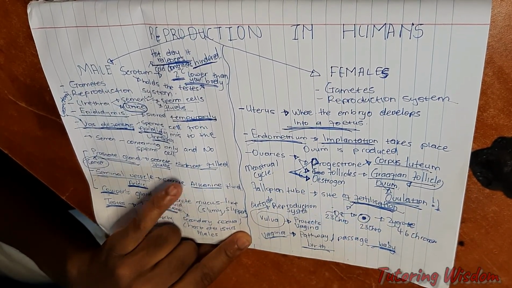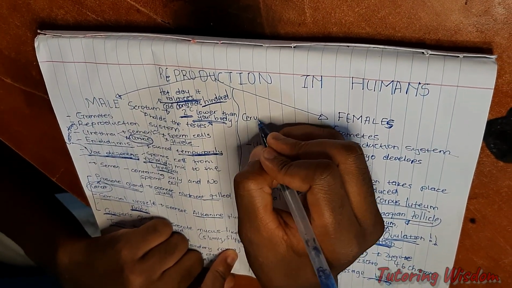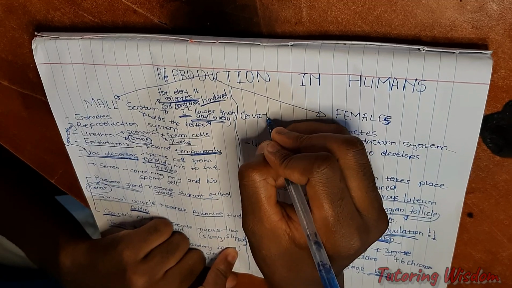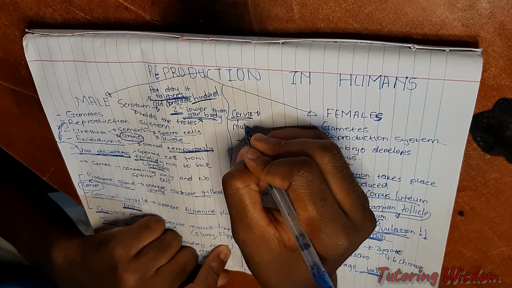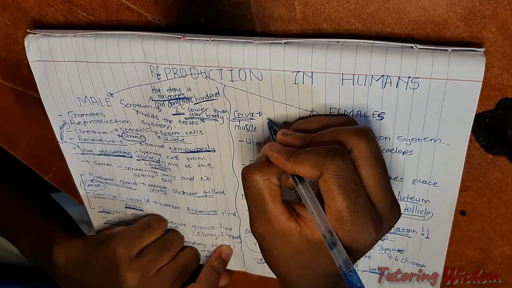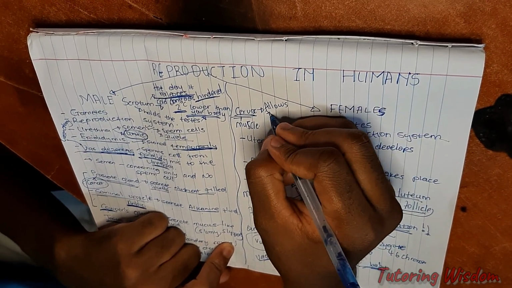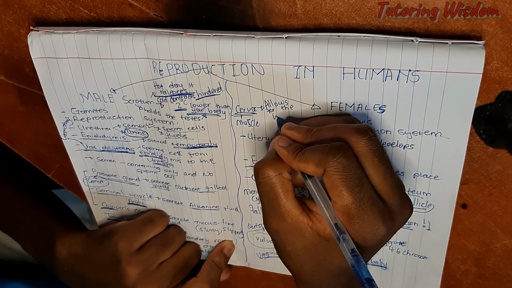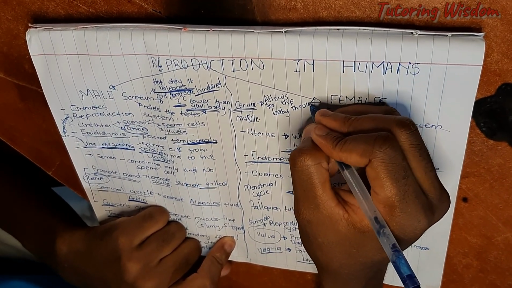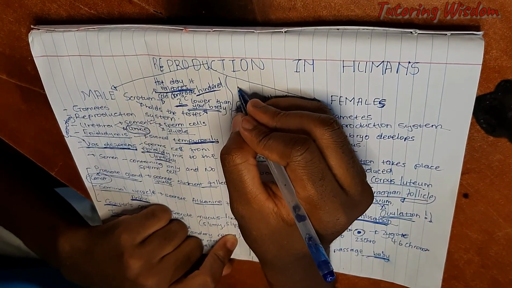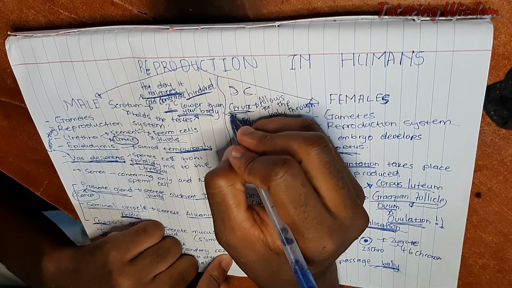Now the last one, which is your cervix. Your cervix is a muscle. This muscle allows for the baby to pass through. That's the function of this muscle. The muscle is able to contract enough to allow for the baby to pass through.